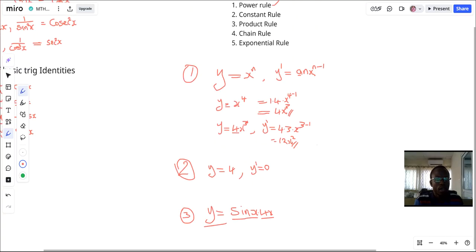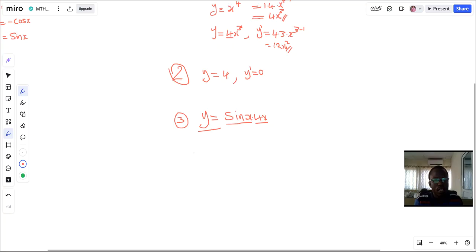So the product rule says that d(uv)/dx is equal to u dv/dx plus v du/dx. That means keep u constant, differentiate v, plus keep v constant, differentiate u.